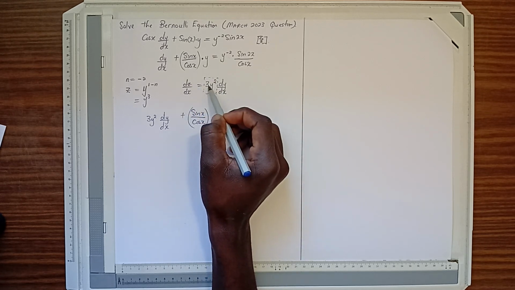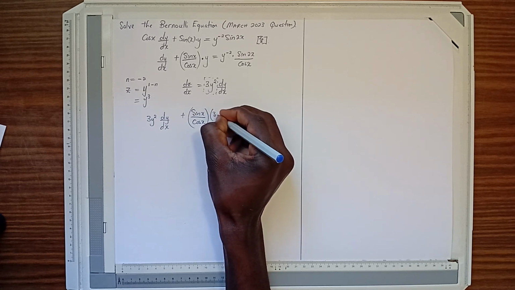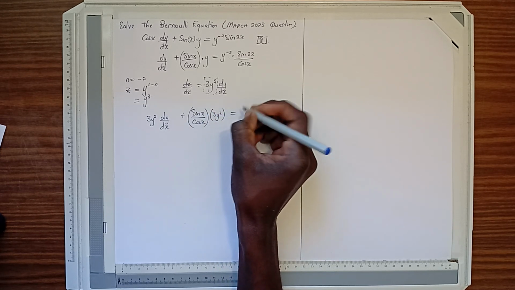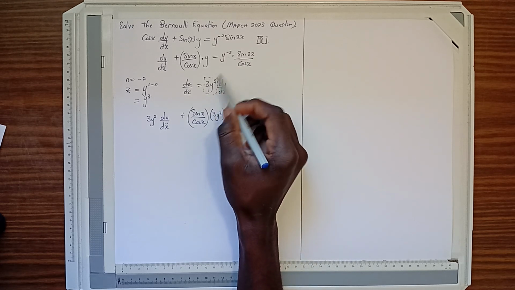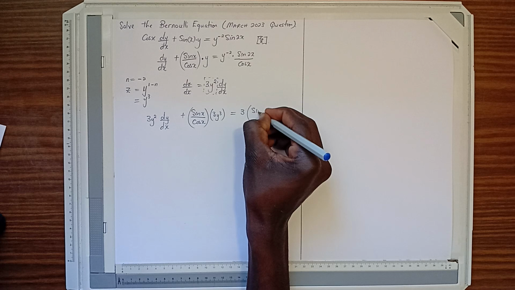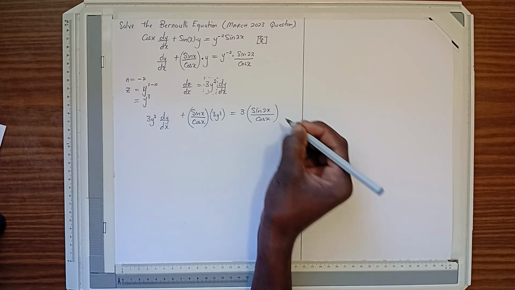If you say 3y squared times y, you get 3y cubed, is equal to, if you multiply here by 3y squared, you get 3 times sine 2x over cos x.